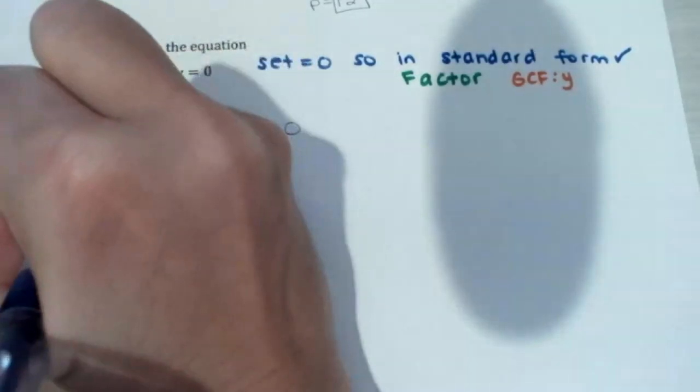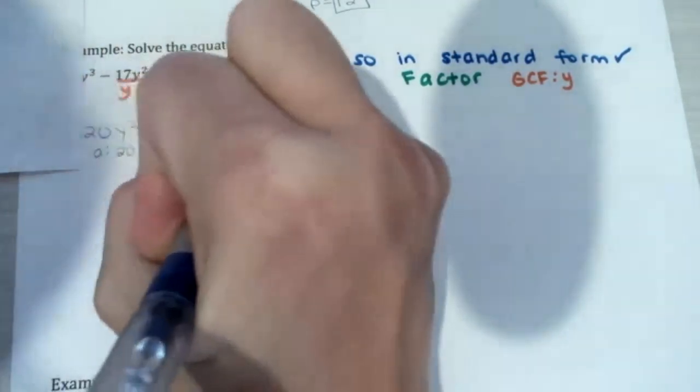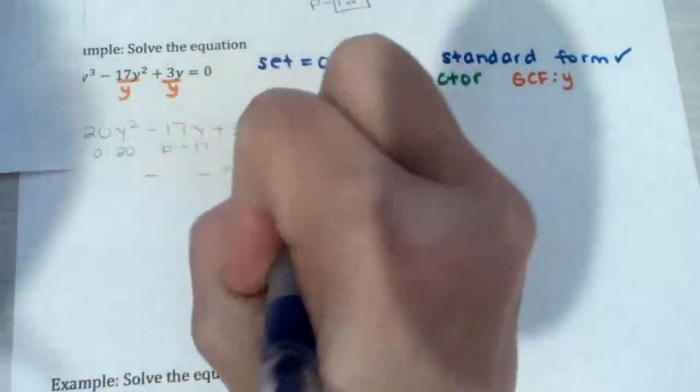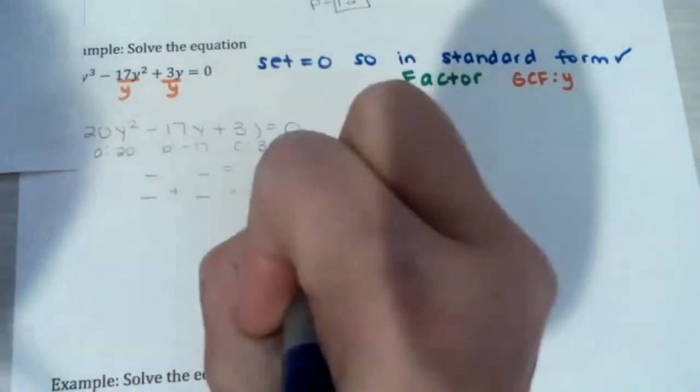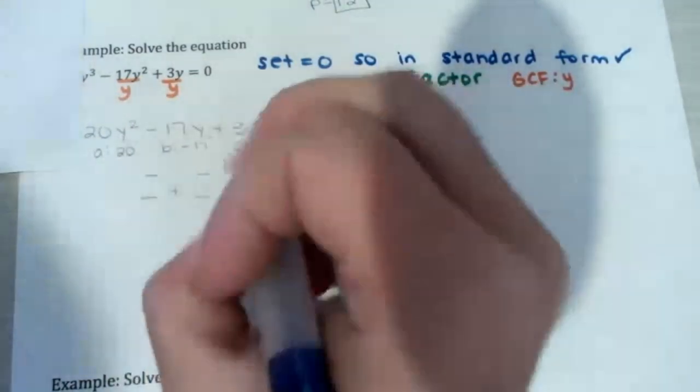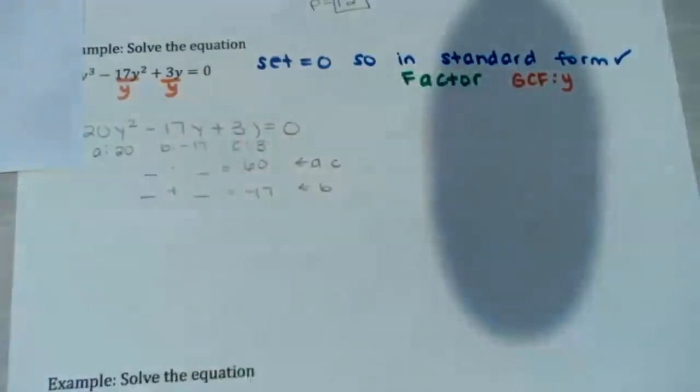So a in front of y squared is positive 20, b in front of y is negative 17, and c by itself is 3. We're looking for two numbers that multiply together to give us a times c, and add together to give us b. So a times c is 20 times 3, which is 60, and they add together to give negative 17, which is b.